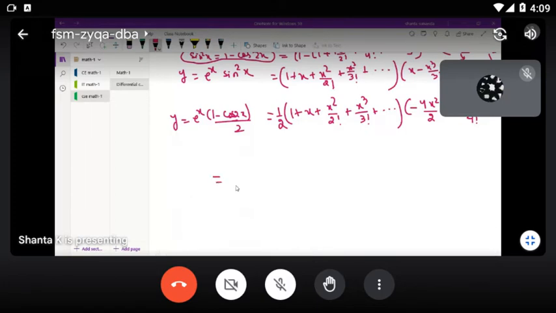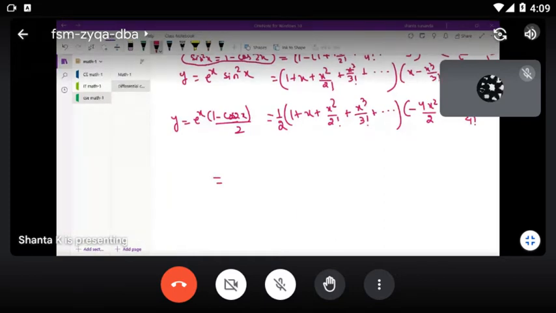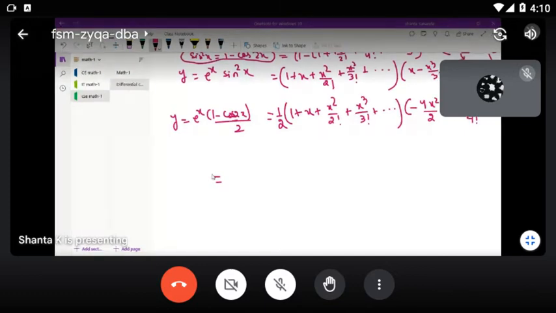So here the first term, what will be the first term? Minus 2x square, minus x square. Minus x squared is the first term. Then minus x cube.